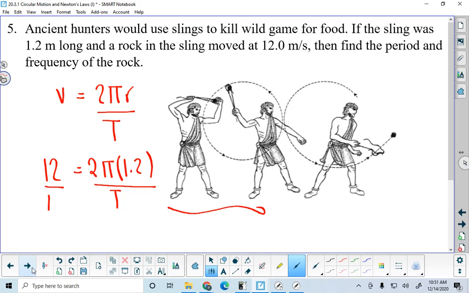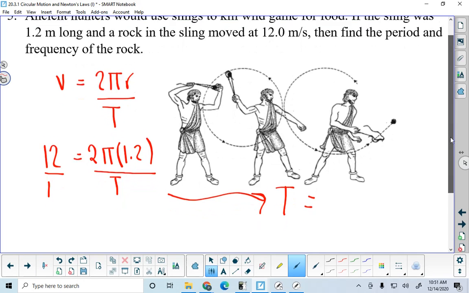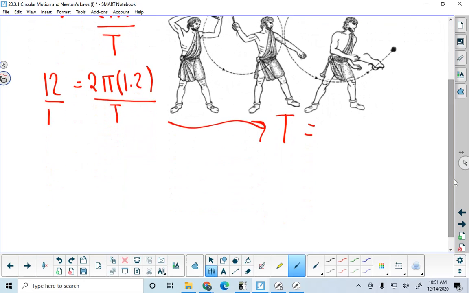So let's calculate t. When you cross multiply, you're going to end up with t as being equal to 2 times pi times 1.2 over 12.